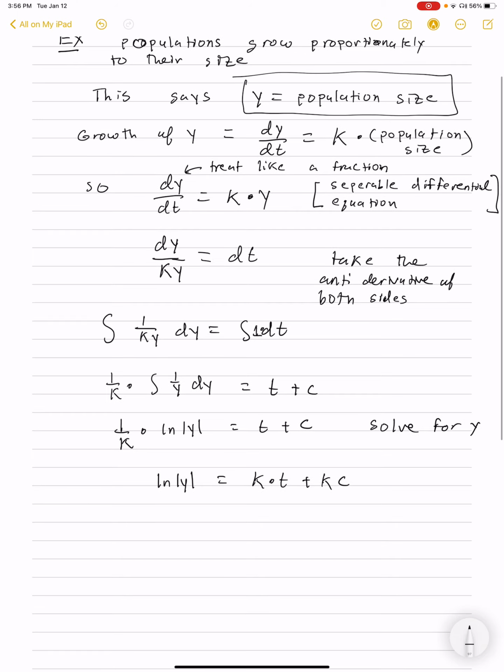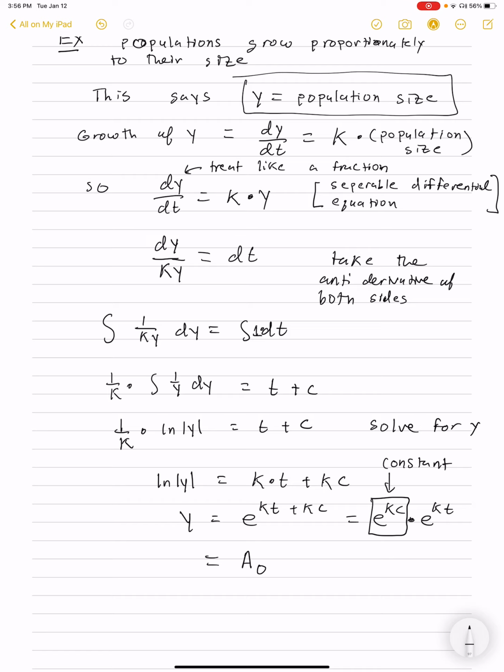Then I'm going to exponentiate to get y. So y is going to be the exponential of kt plus kc, and this is equal to e to the kc times e to the kt, and e to the kc is a constant. So I'm going to call that a0, so a0 times e to the kt is how my population grows.